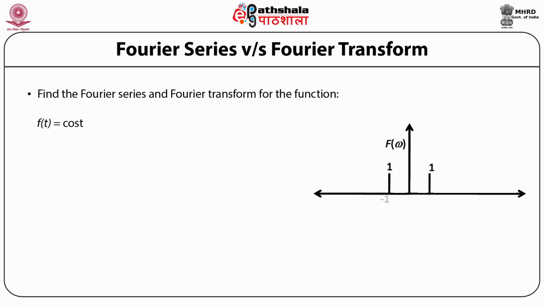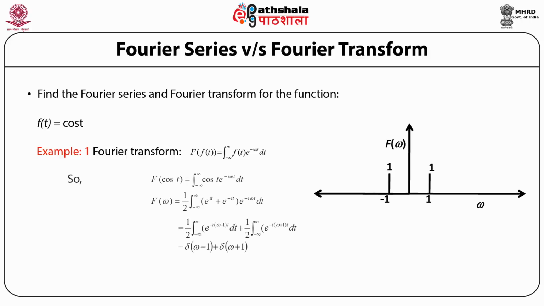What will happen in the Fourier transform? By definition, the Fourier transform of any function small f will be equal to the integral from minus infinity to plus infinity of f of t e power minus i omega t dt. So instead of f of t, we are supposed to substitute cos t, because that is the function.